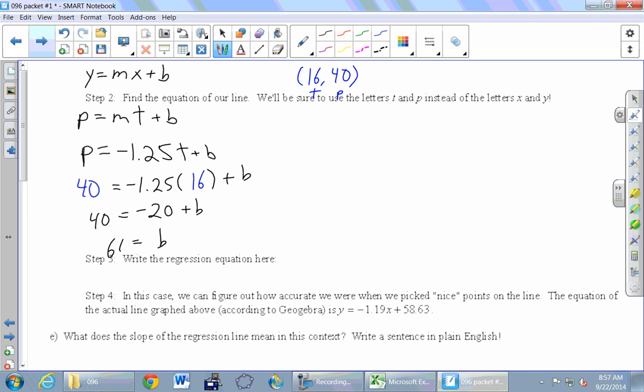So we get B equals 60. Yeah, that's exactly right. Let's put this and this together to get our final equation here. P equals negative 1.25 T plus 60.